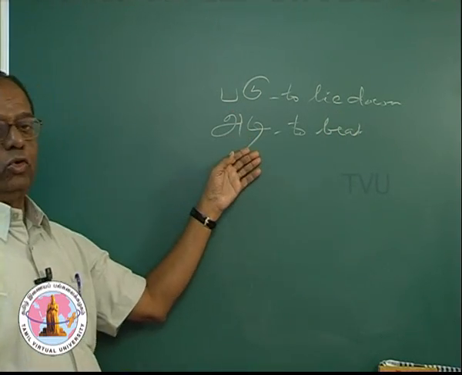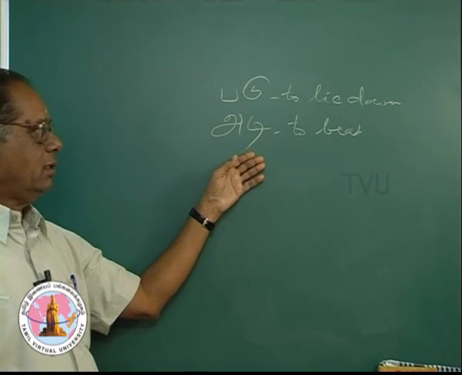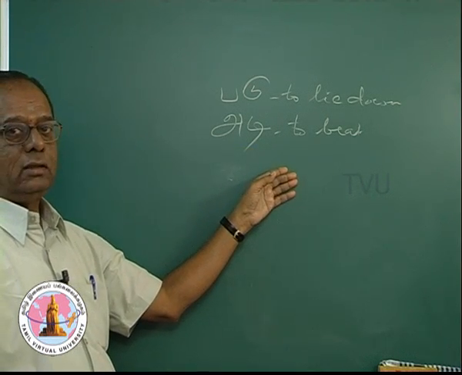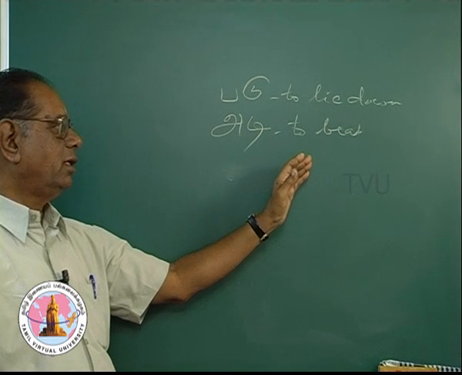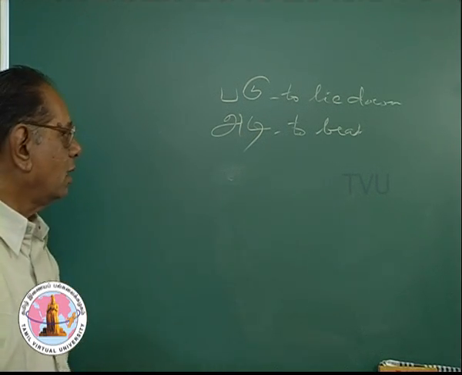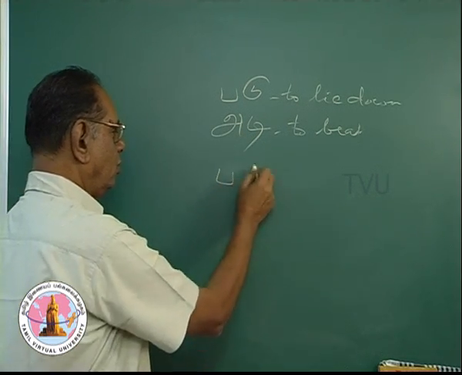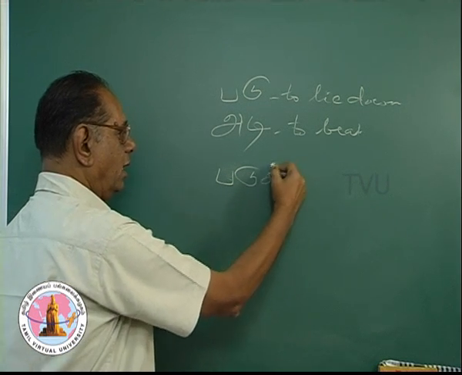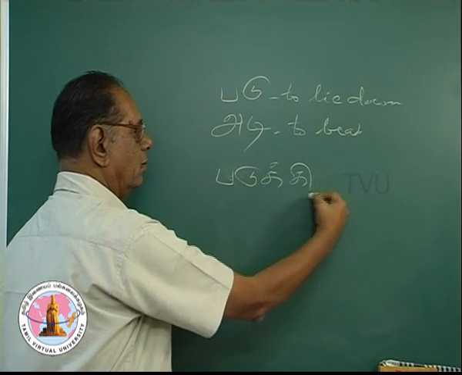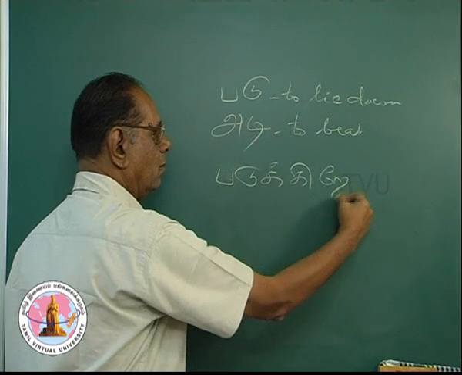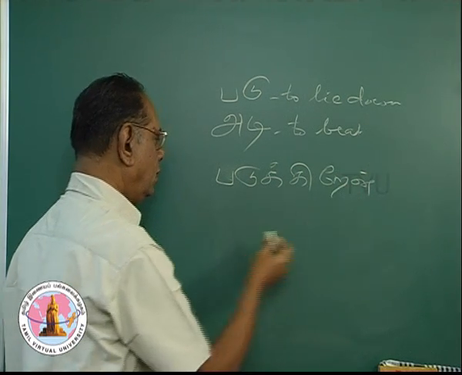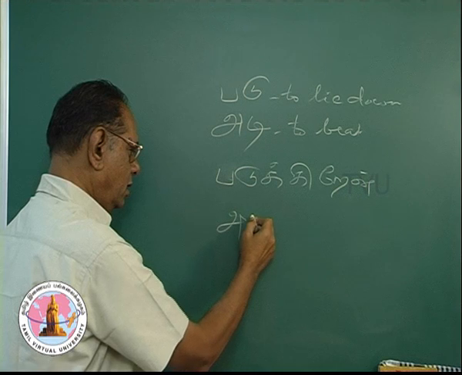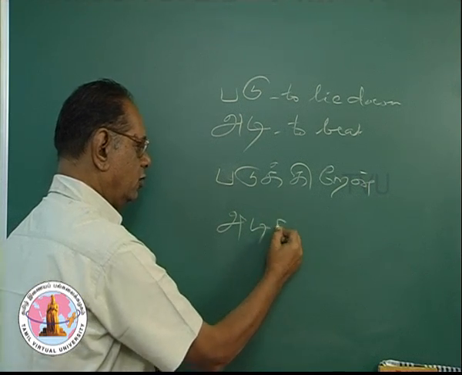These two also take a consonant while being conjugated with the tense marker kiru. So, this will be padukkiren and adikkiren respectively.